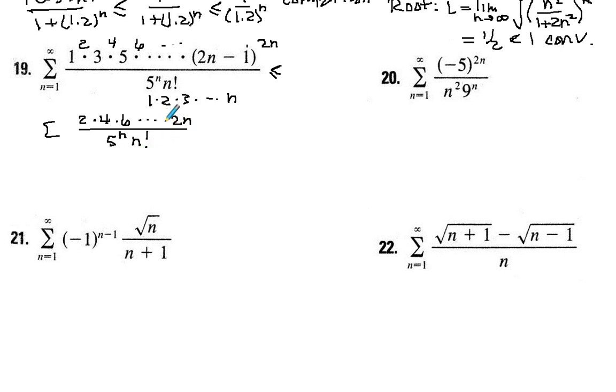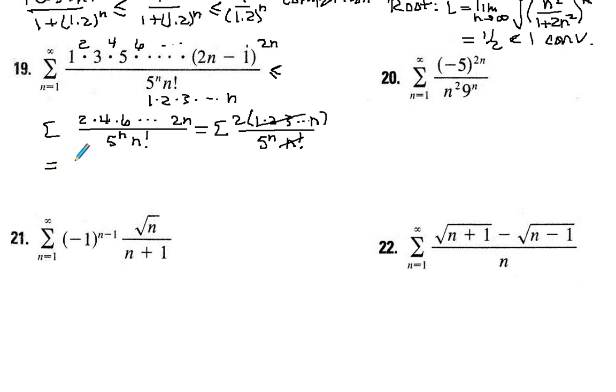Now the reason I did that is because I noticed I got a common factor of 2 here, and if I pull that 2 out on the top, then I'll have left here 1 times 2 times 3, all the way up to n. And on the bottom I've got my 5 to the n factorial. But that's what this is right here, n factorial. So those guys cancel out.